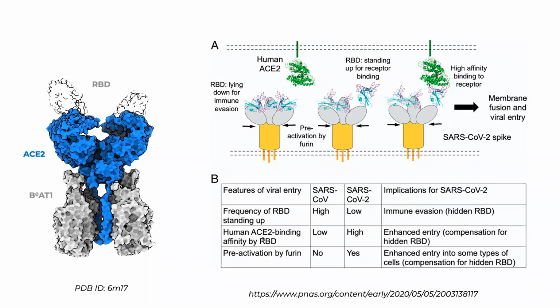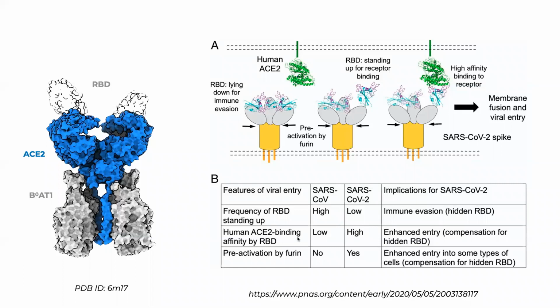And then you can see that the human ACE2 binding affinity, so now the specific residues in this portion, seem to have a higher affinity in SARS-CoV-2. Some papers propose that it's significantly higher. Some papers say that it's not that much higher, but still a little bit higher. But nevertheless, this might be an interesting component that we can look into.